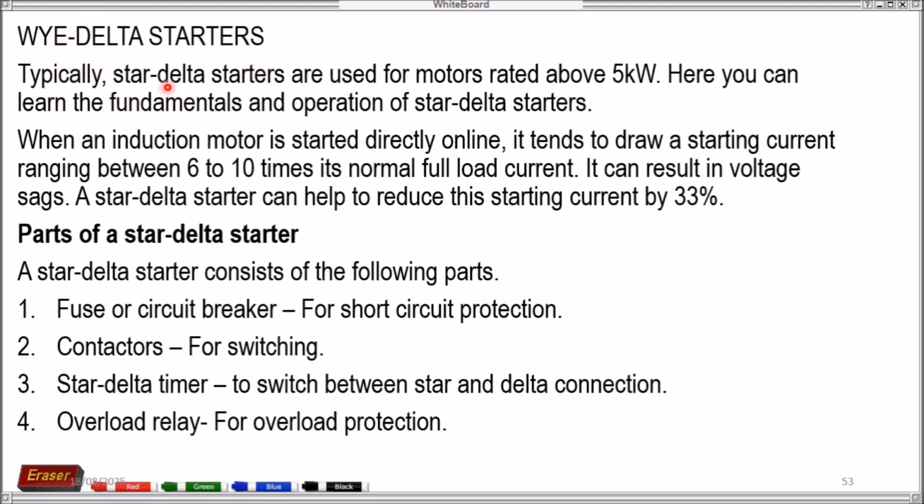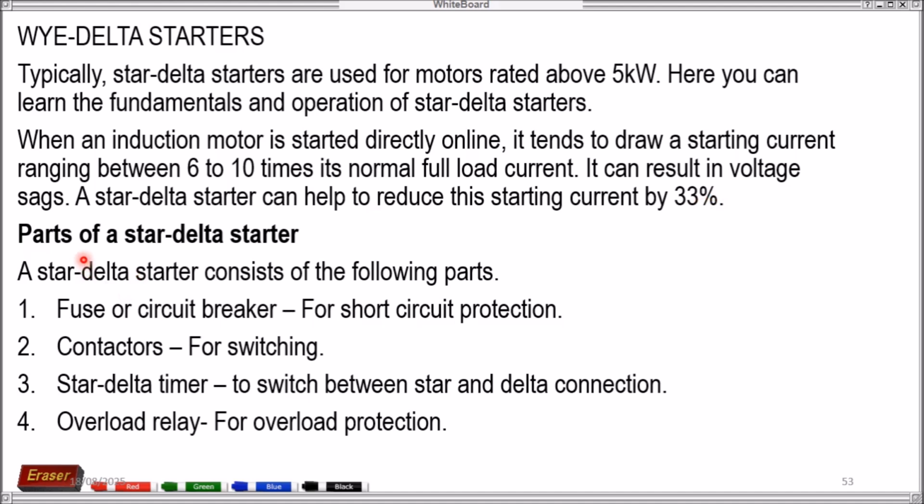Typically, delta starters are used for motors rated above 5 kilowatts. You can learn the fundamentals of this one by knowing the operation of our delta starters. First and foremost, 6 to 10 times our full load current, or 6 to 8 depending on the type of motor. The delta starter can help reduce the starting current by 33%, or 1/3.